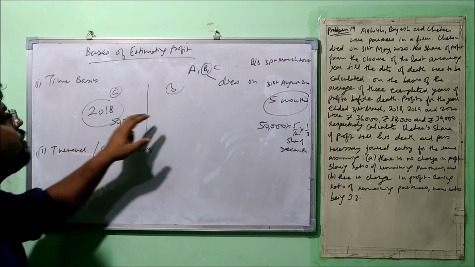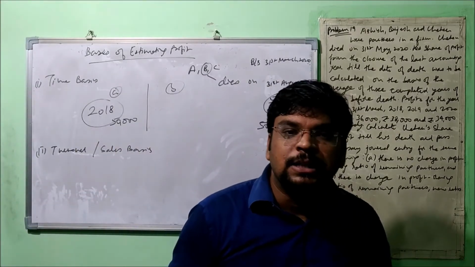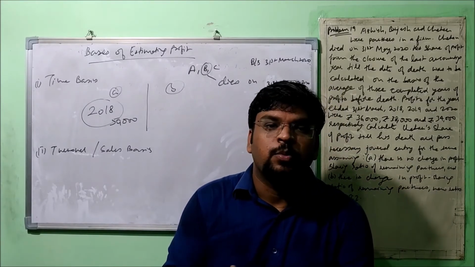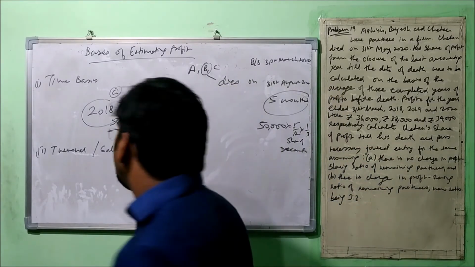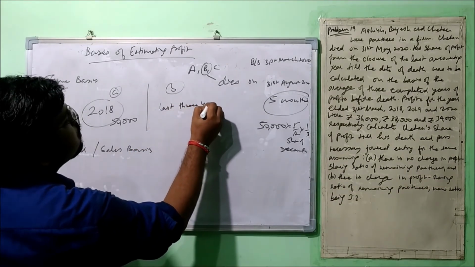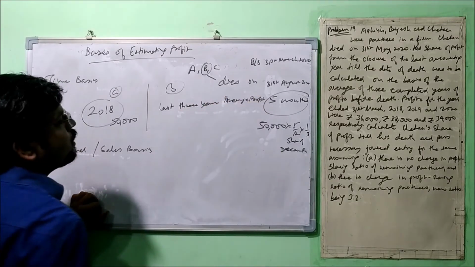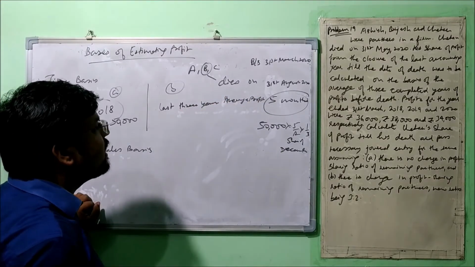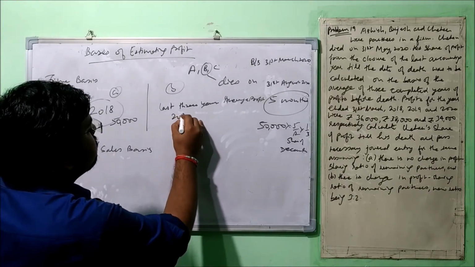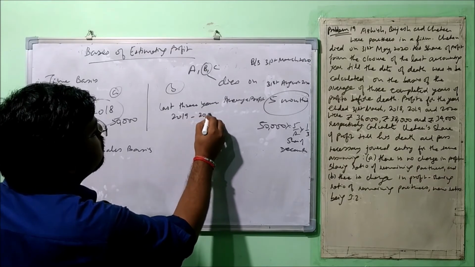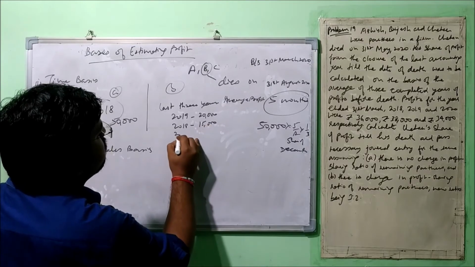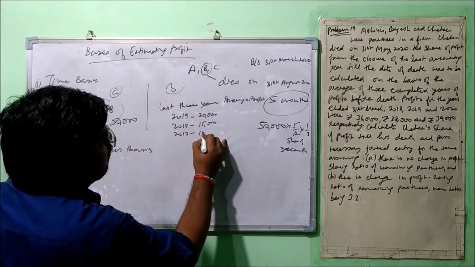Another option may be possible: all the partners decide that on the basis of the average of certain years, the profit has to be estimated. For example, on the basis of the last 3 years' average profit. So now the average profit has to be calculated for the last 3 years. Say in 2019 it was 20,000, in 2018 it was 15,000, and in 2017 it was 10,000.